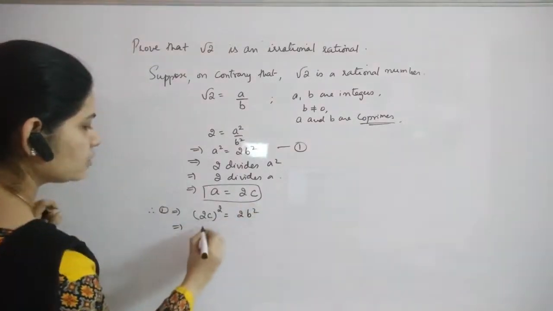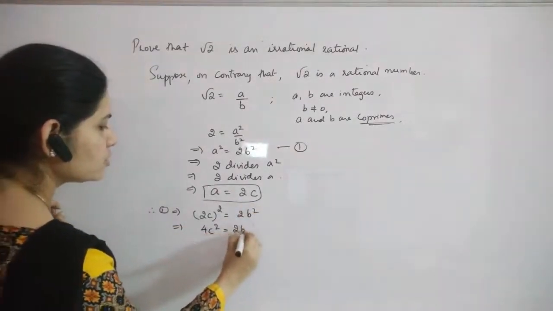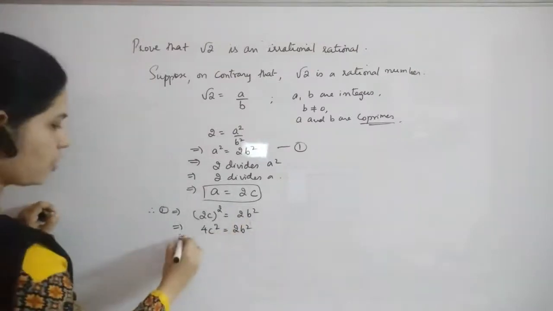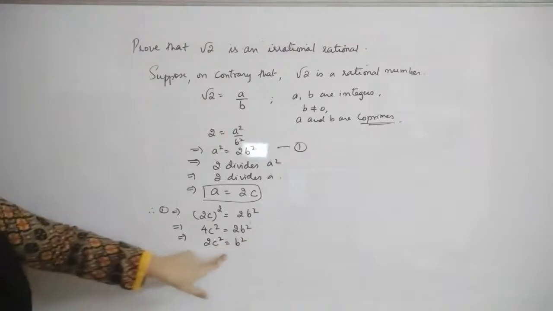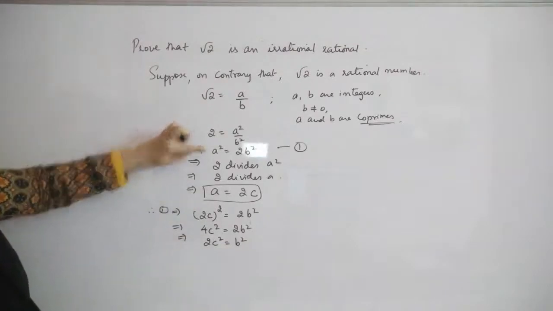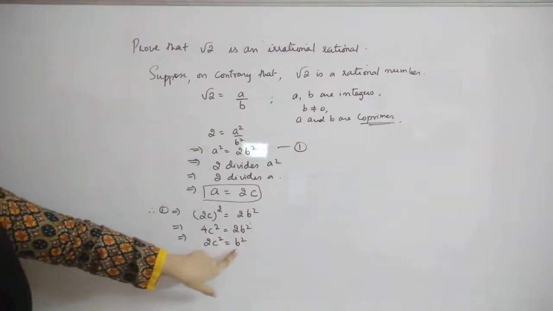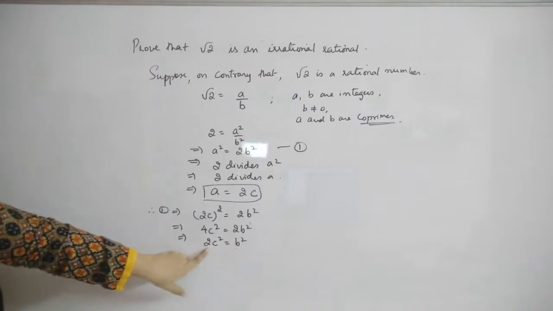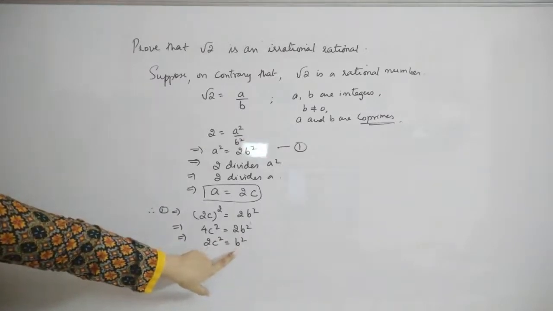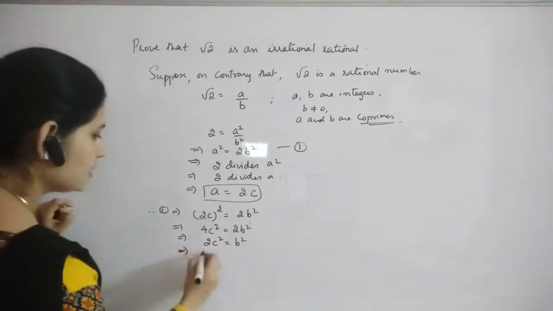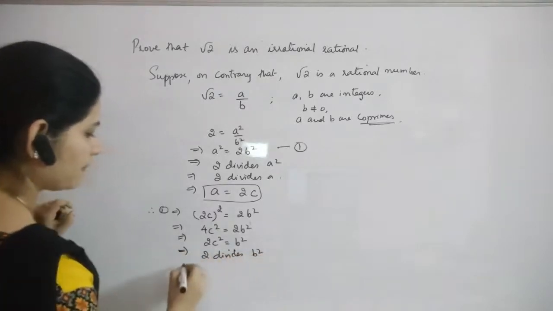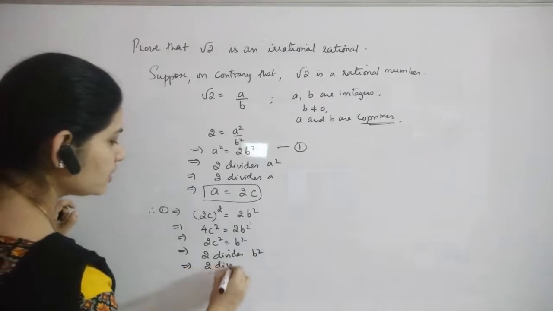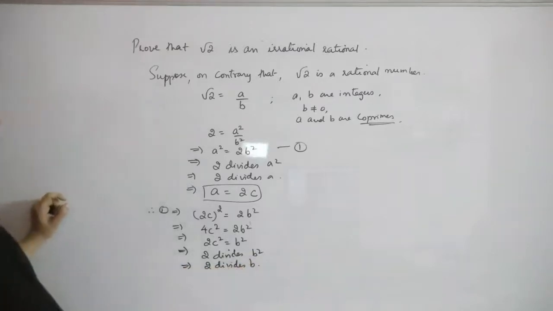Now this is giving you 4c square is equal to 2b square, or 2c square is equal to b square. Here again you can say that b square is divided by 2, or 2 divides b square also. From this concept, 2 divides b square, and that will give you 2 divides b by the theorem.